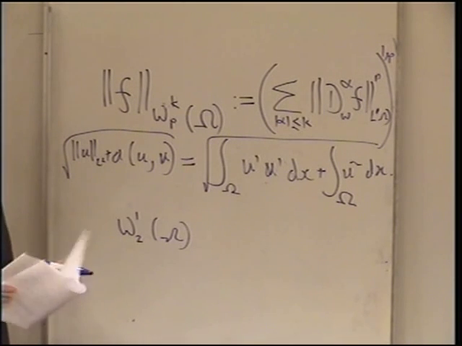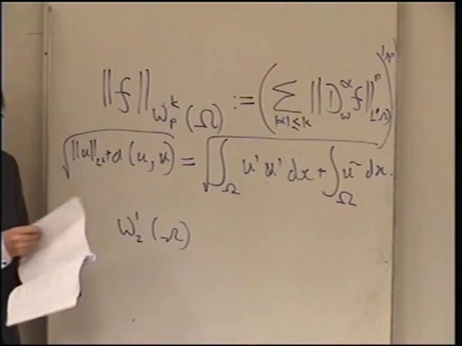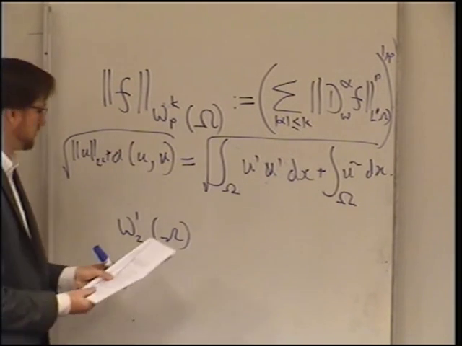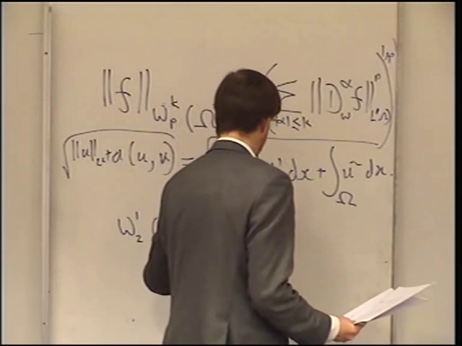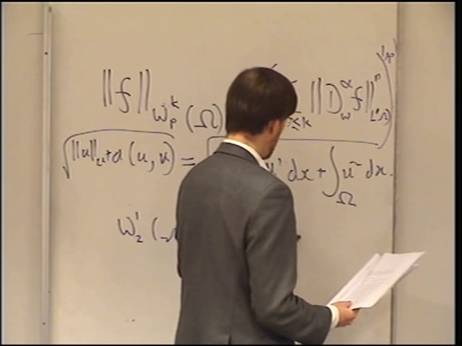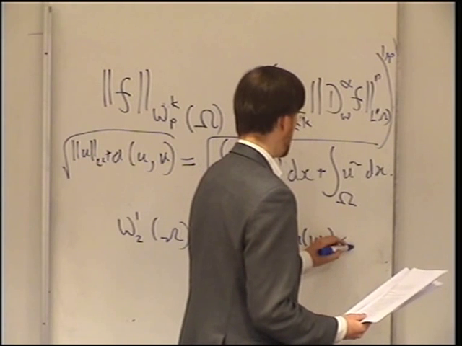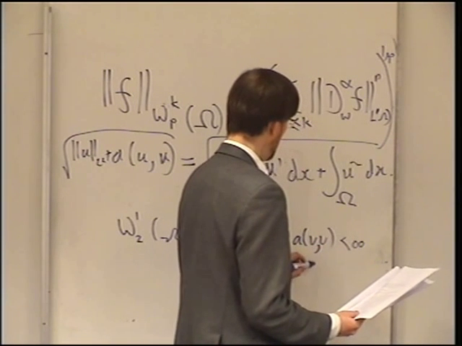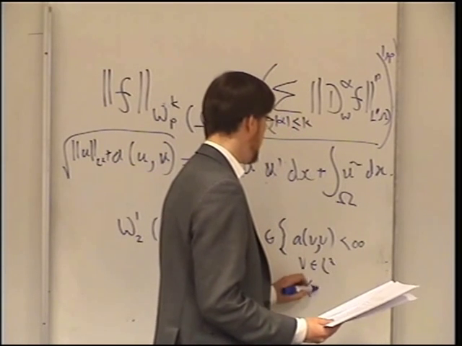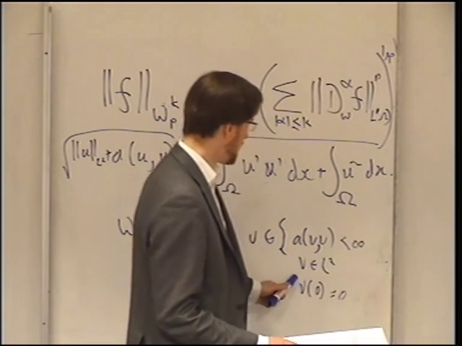So when we originally solved our previous elliptic equation, if I just jump forward to where it was, we wrote V is in a set such that A of V is less than infinity, and V had to be in L2 as well, and we also had to write that V0 equals 0. That was a boundary condition thing. So we'll come back to the boundary condition thing.